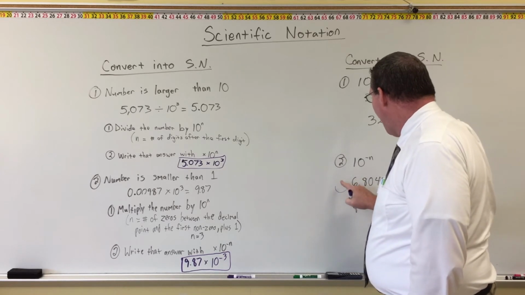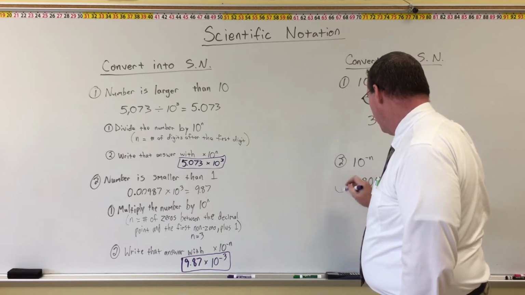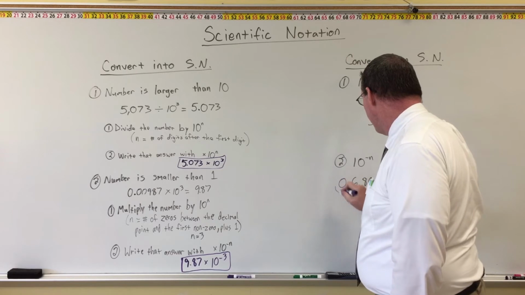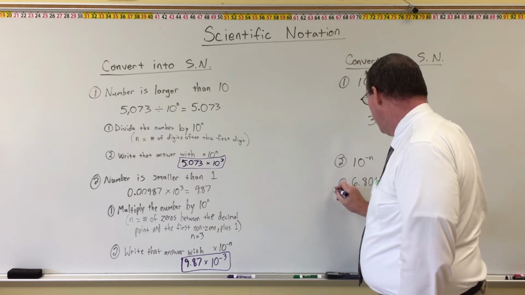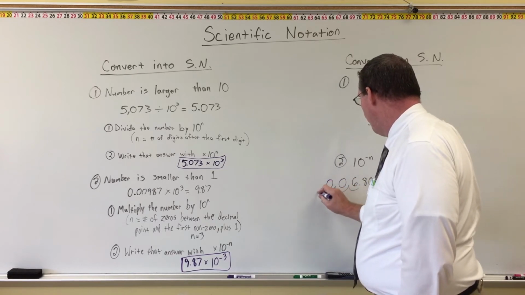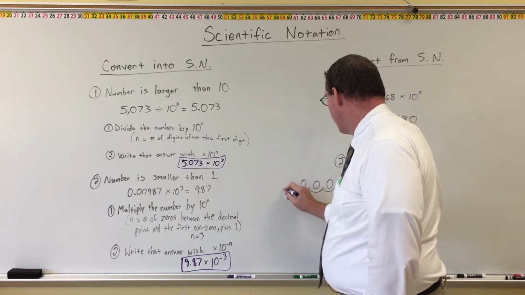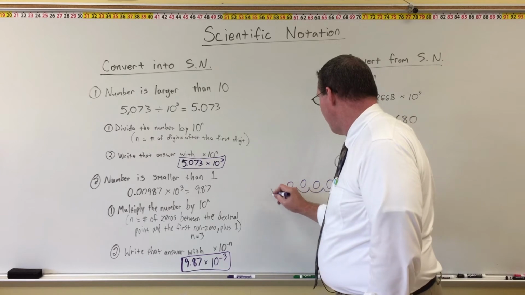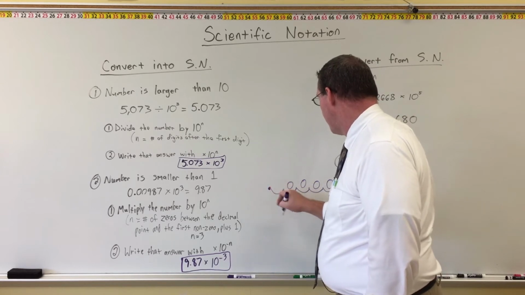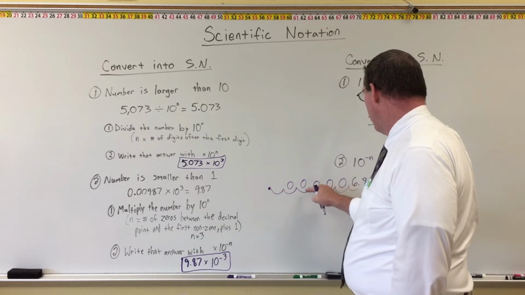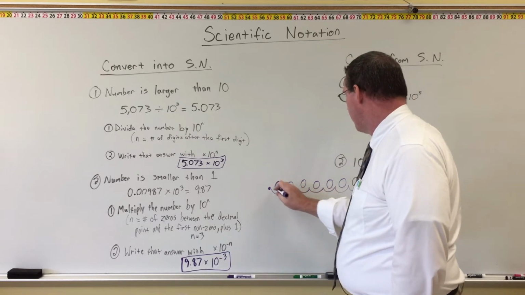Now look, we have to insert zeros. So we're going to put a 0 here. So that's 1, 2, 3 with a 0, 4 with a 0, 5 with a 0, 6 with a 0, 7. So now the decimal point is here.